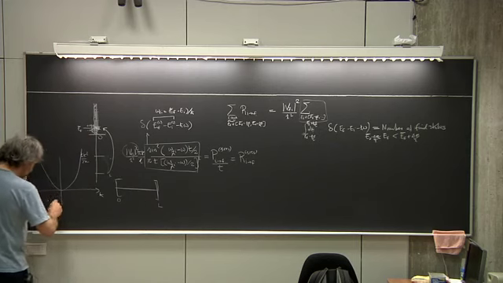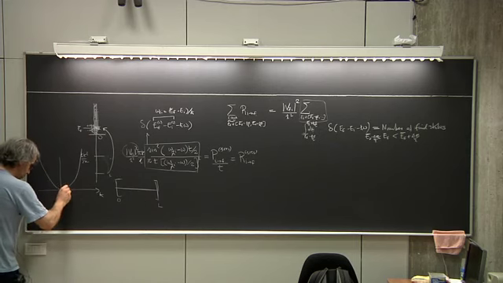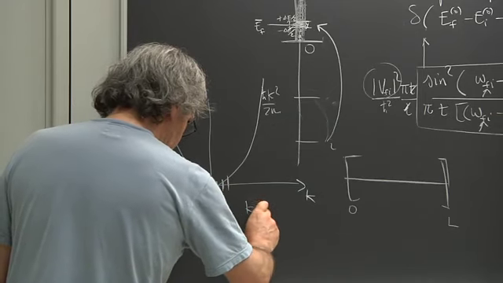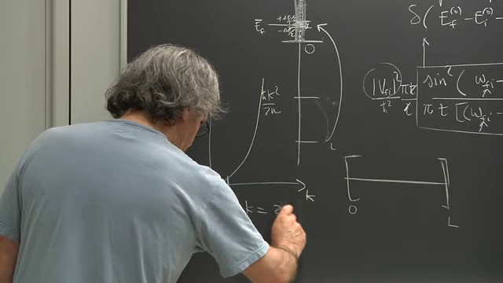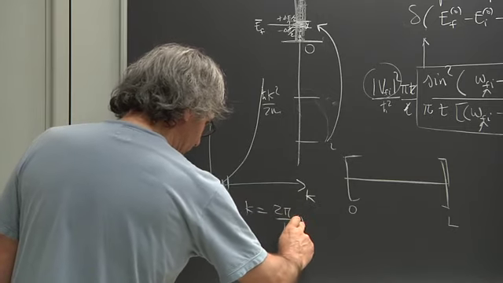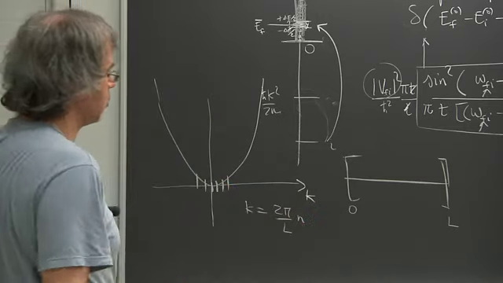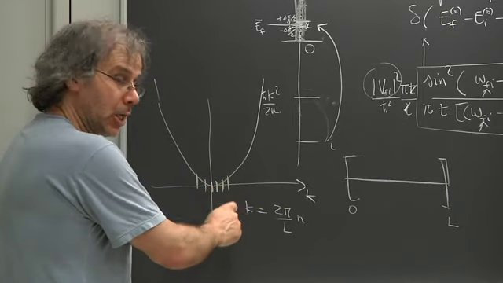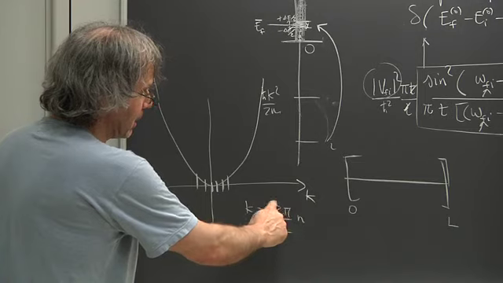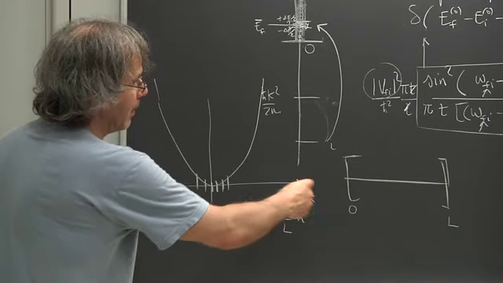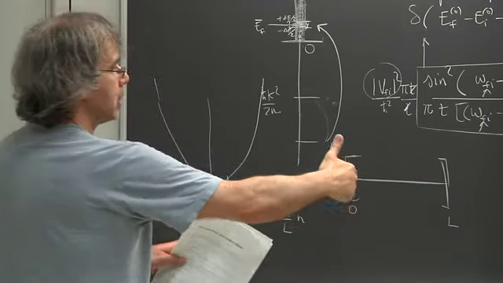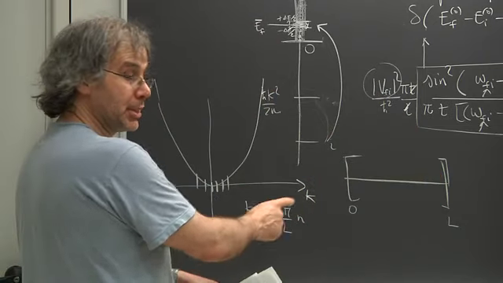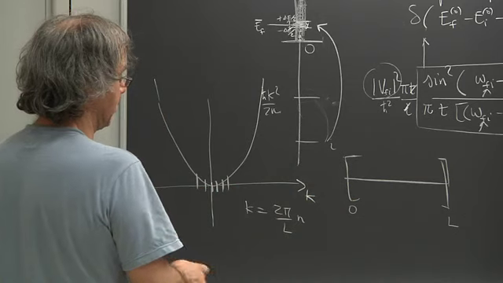You know that the k vectors that are allowed are not all of them, but just the discrete values k equal to 2 pi over L times n, where n can be any integer from minus infinity to plus infinity, okay? So this fine mesh of k's that are just 2 pi over the size of the box that you are considering becomes smaller and smaller as the size goes to infinity, okay?